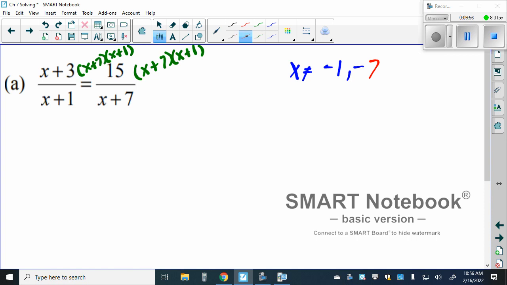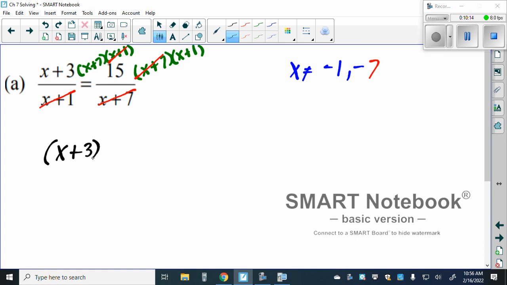In the first one, the x plus 1 and x plus 1 would cancel out. And the other one, the x plus 7 and x plus 7 would cancel out. Now, if you wanted to go on and multiply them together, you can, or we can rewrite them back out.